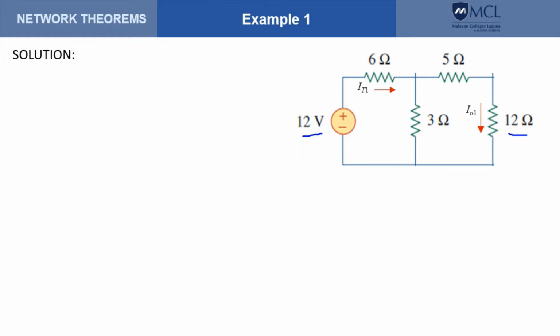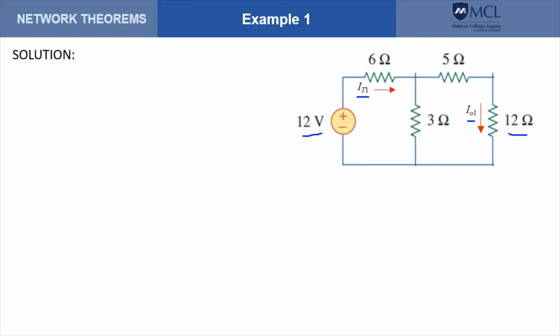That current is not anymore I sub naught, so let's call it I sub naught 1. Let's also assign a current coming out of the 12 volts, so let's call it I sub T1. I sub naught 1 can easily be solved by first simplifying the circuit.